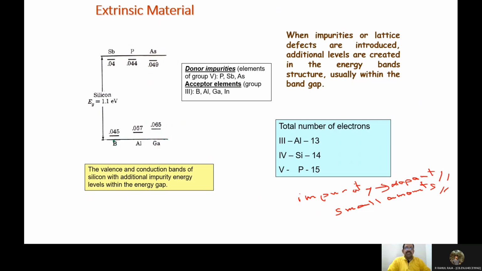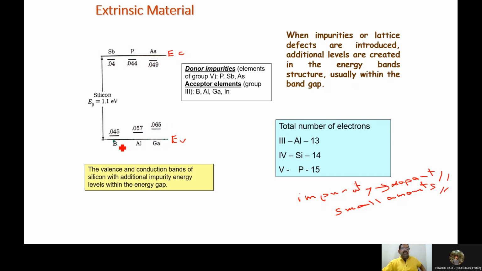When small impurities such as, you can see in this diagram, antimony, phosphorus and arsenic are added, they are fifth group elements. We know that. And here you can see this is EC, and this is EV, for silicon because we are talking about silicon.